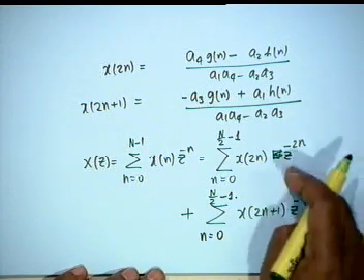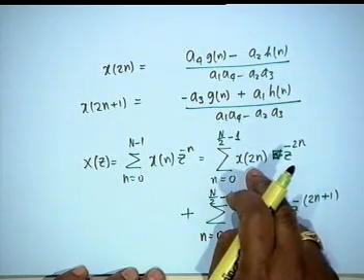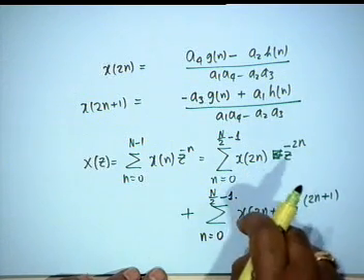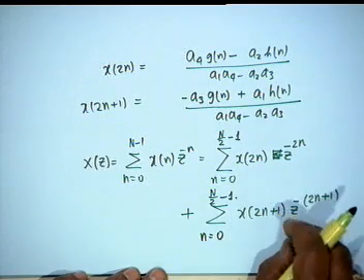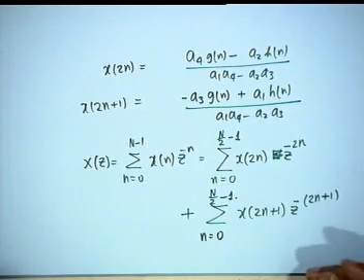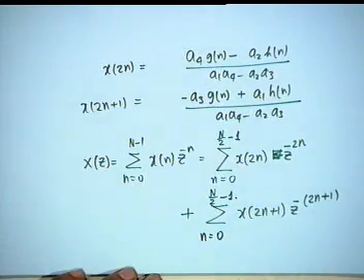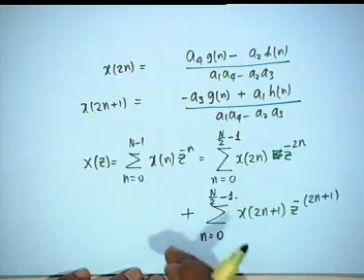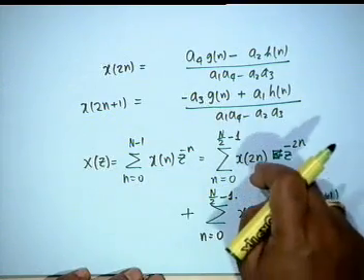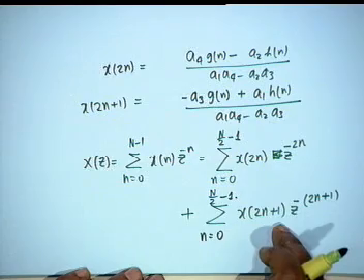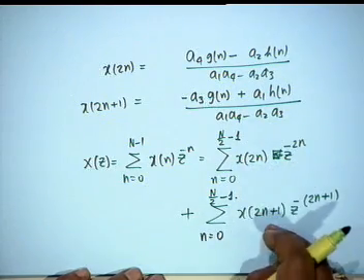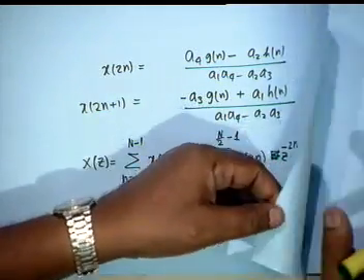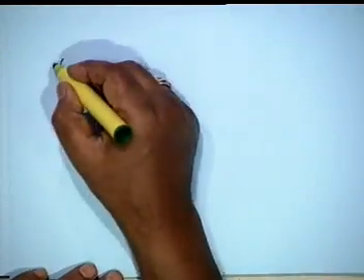And then in these relations we substitute x of 2n and x of 2n plus 1. Then we bring in small g and small h. Is the point clear? We first solve for x of 2n and x of 2n plus 1 in terms of small g and small h. Then we write the Z transform, split it into 2 summations, one containing x of 2n, one containing x of 2n plus 1, and substitute for this.